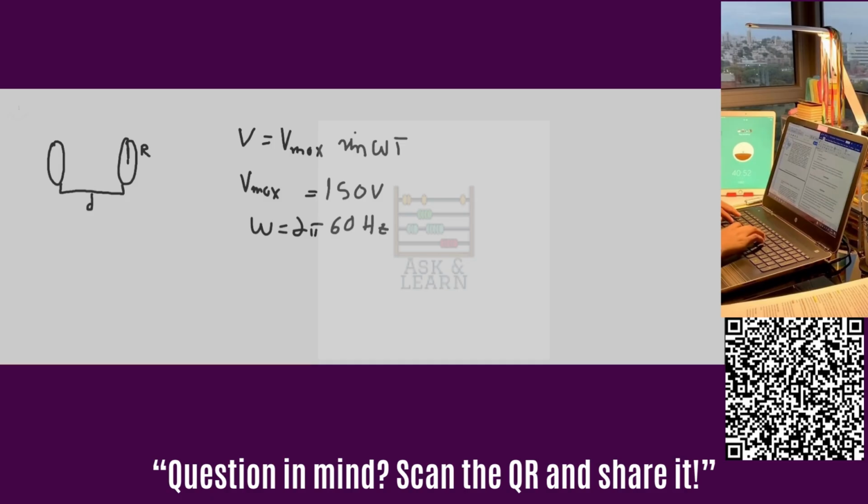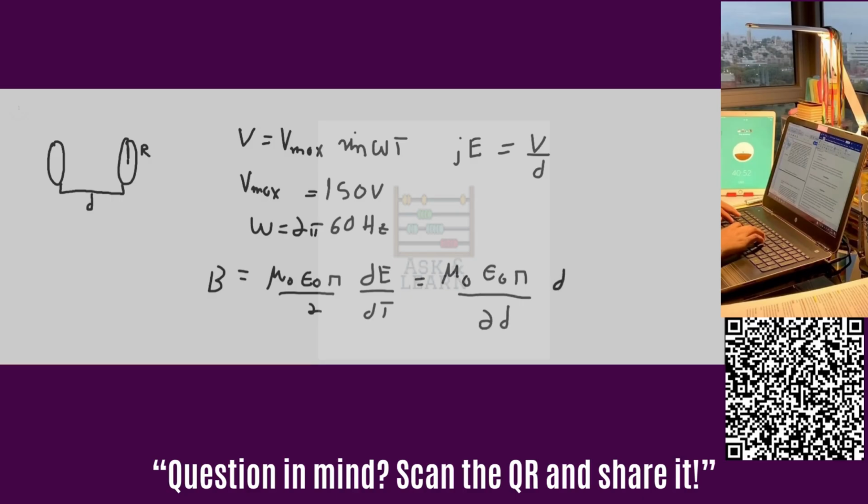And now for the magnetic field, we use that the electric field inside is uniform, so E is V over d. Then we have that the magnetic field B is just mu 0 epsilon 0 r divided by 2 d dV dt.